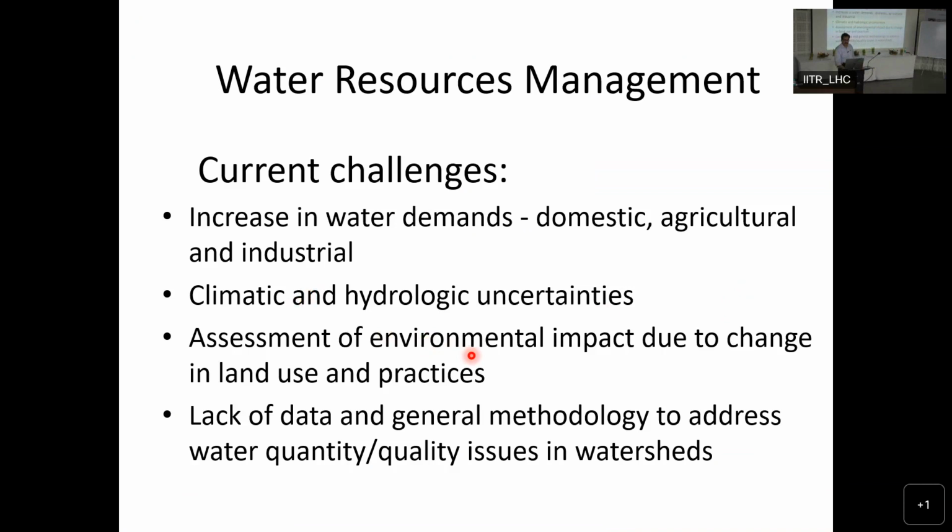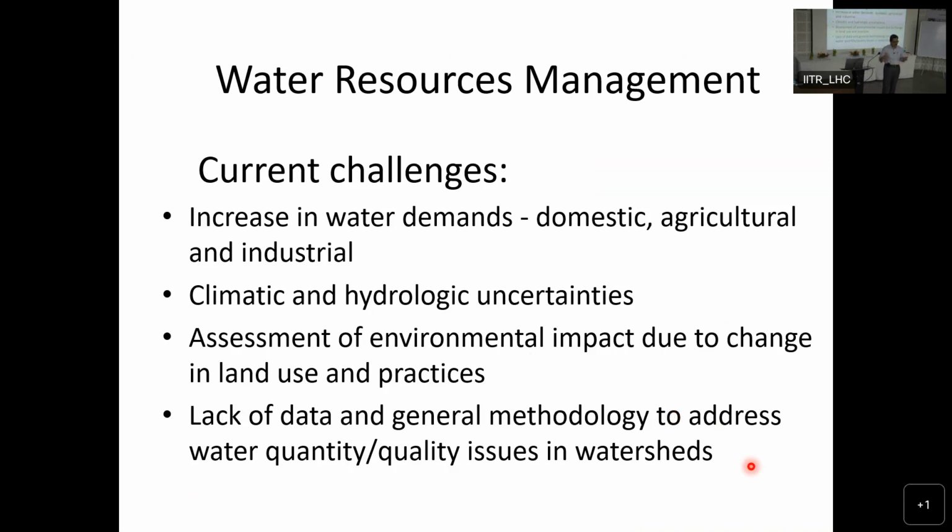Same with how we assess environmental impacts and changes that are going to occur in land use and practices. These cannot be predicted very well. Therefore, they continue to be a challenge. And another challenge that I see is in most of these studies, in practical applications, there is what I would call a lack of data, certainly a lack of good data, lack of enough data.